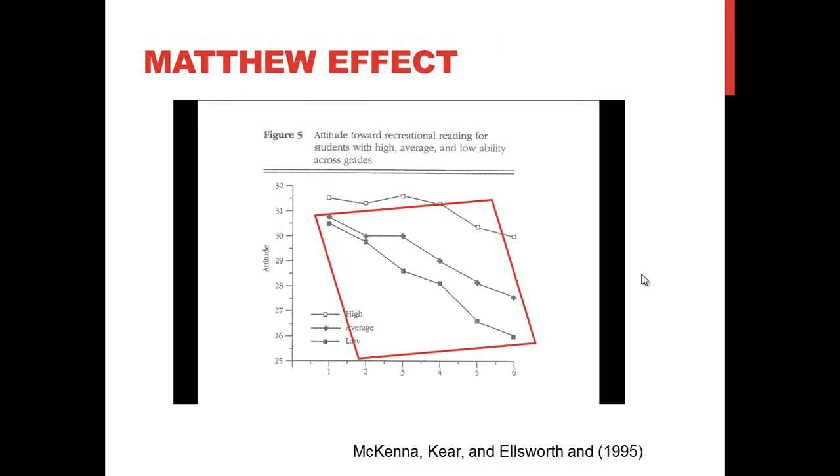And here's just another slide showing that Matthew effect that we were talking about earlier. If you're not familiar, the Matthew effect was coined by Keith Stanovich in 1986, I believe.